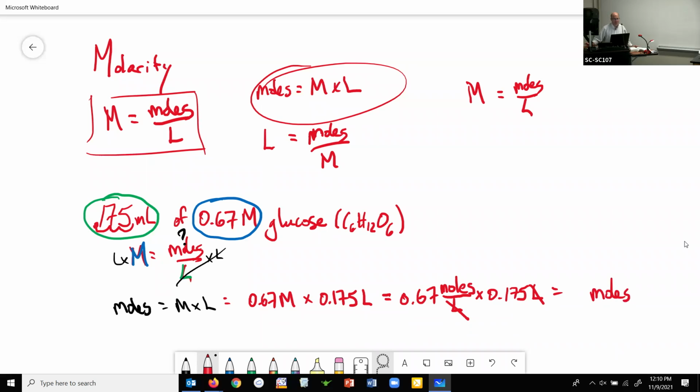So from a unit perspective, it makes more sense to take the extra time and write moles per liter to remind yourself it's a ratio of how many particles to how many liters. If you multiply by the number of liters, it tells you how many particles are swimming around in that solution. So I take 0.67 times 0.175. That's 0.117 moles.